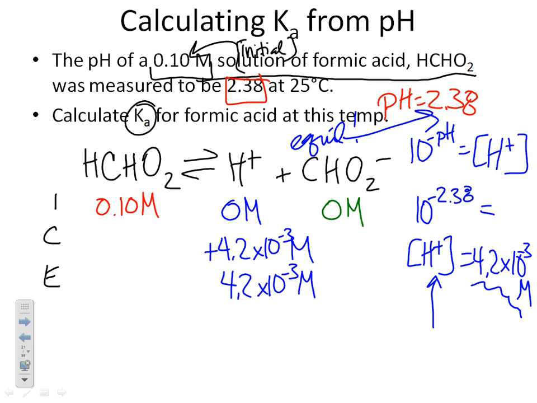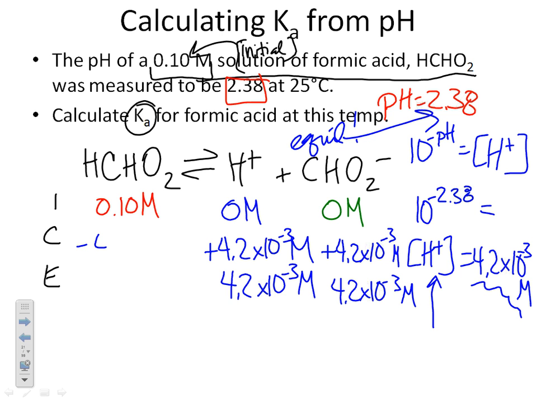So if I generate 4.2 times 10 to the minus third molar hydrogen ion, I will also generate 4.2 times 10 to the minus third molar of the formate ion, meaning I will have that as my equilibrium concentration there. Then, looking back at the formic acid, again, it's 1 to 1 to 1, but remember that you need to subtract your reactants.